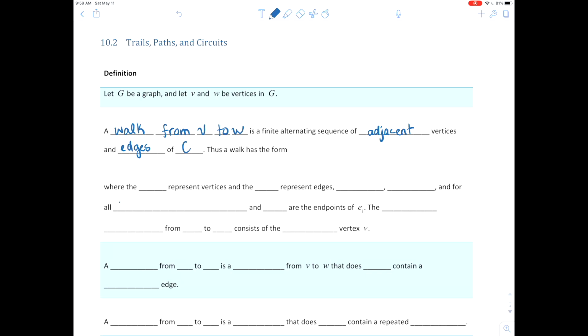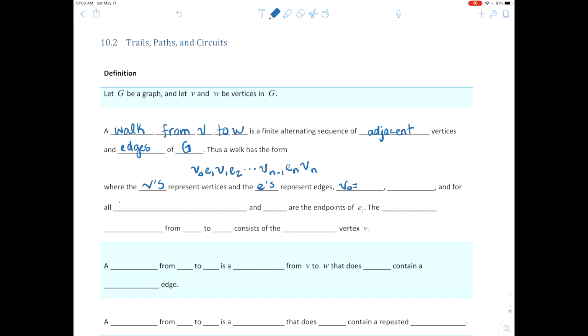Of the graph G. Thus, a walk has the form in general of V0, E1, V1, E2, all the way down to V sub n minus 1, En, and Vn, where the V's represent vertices and the E's represent edges.